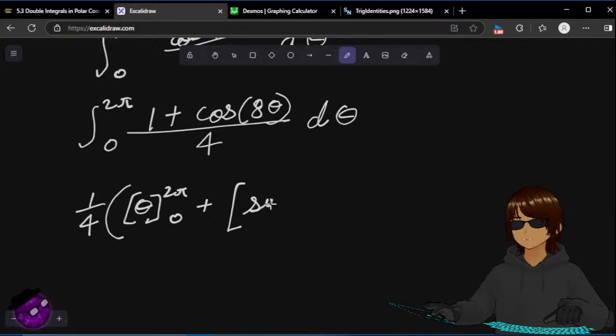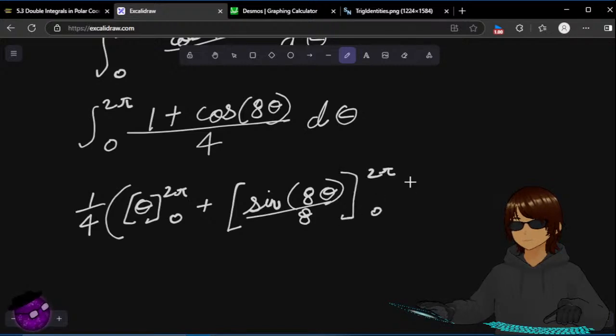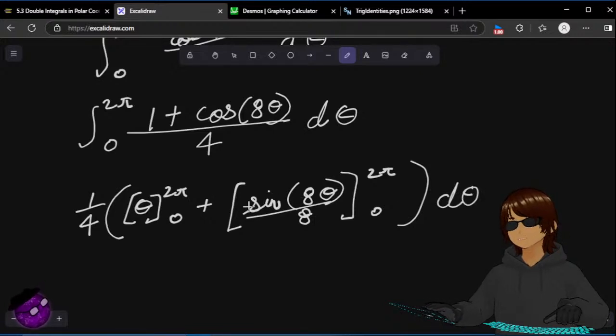Derivative of sine is cos. Sine 8 theta, but it's sine 8 theta over 8, right? Oh, wait. Derivative of sine 8 theta is cos 8 theta times 8.